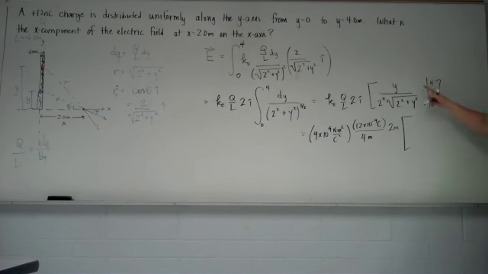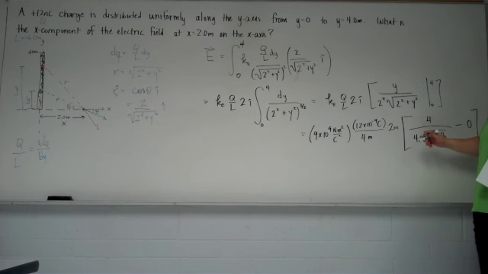Plugging in our limits, we're going to put 4 meters in for y. 2 squared is 4, square root of 4 plus, plugging in for y, the 4 squared, so 16, minus the lower limit, which conveniently enough is 0. So unit-wise, we have meters squared on this side.